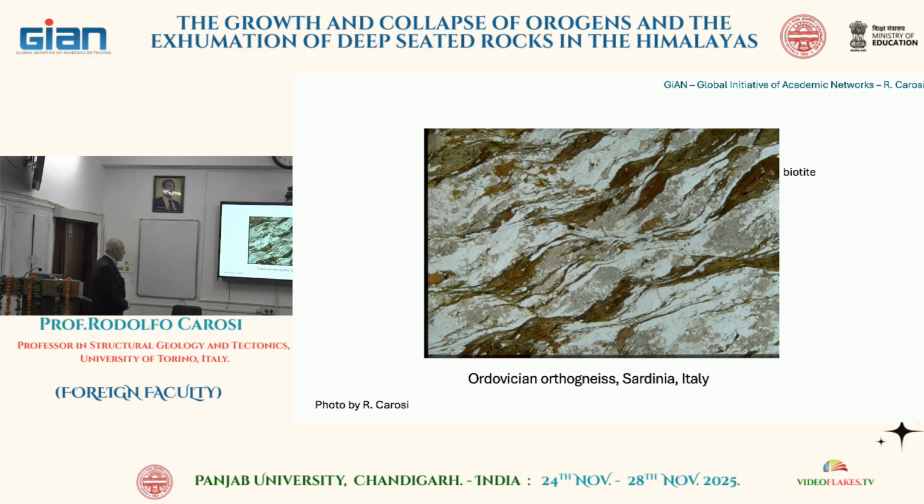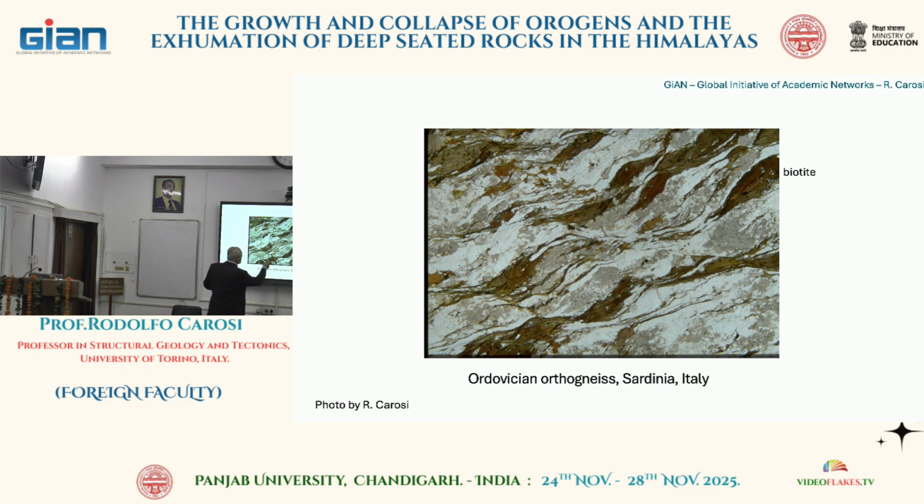Okay, this is the Ordovician orthogneiss in the northern part of Sardinia, the shear zone, feldspar, biotite. What you can see here: some mica fish, biotite fish, some SC fabric.